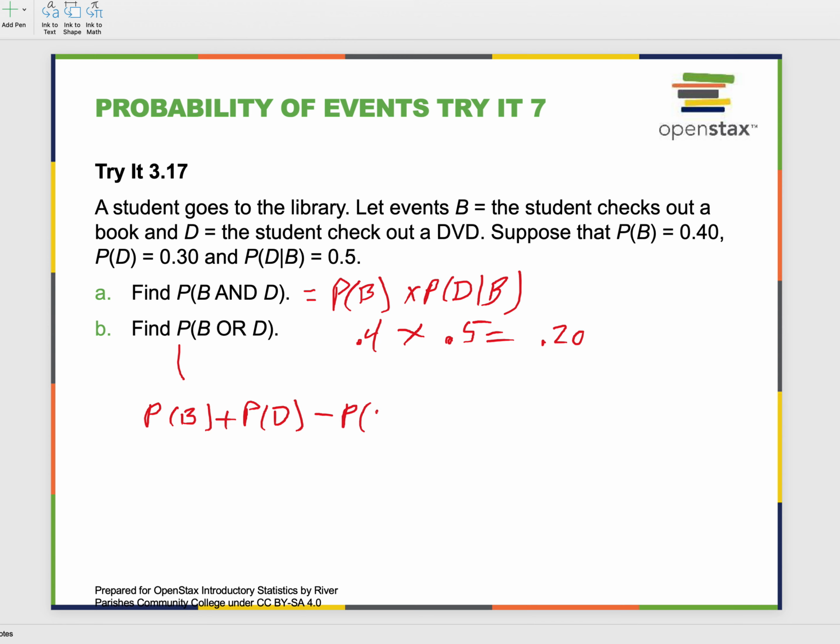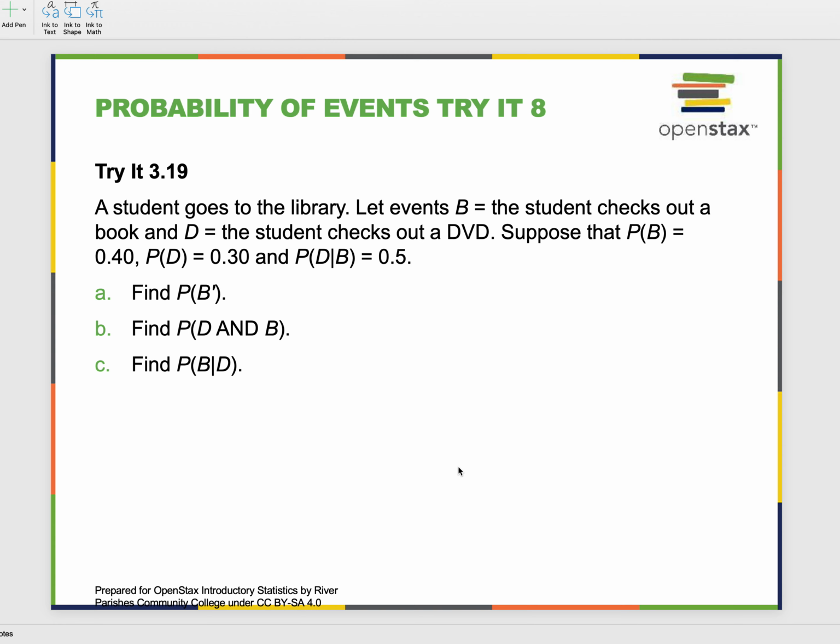So this is a probability of B and D, which we just decided was 0.2. The probability of B was 0.4. The probability of D was 0.3. So that adds up to 0.7. So it comes out to be 0.5. First time you do this, you don't want it to be on an exam.